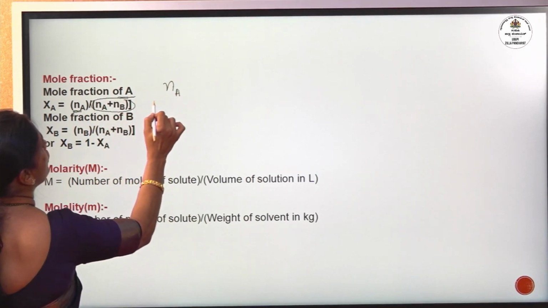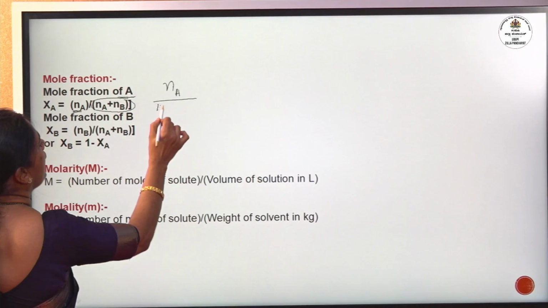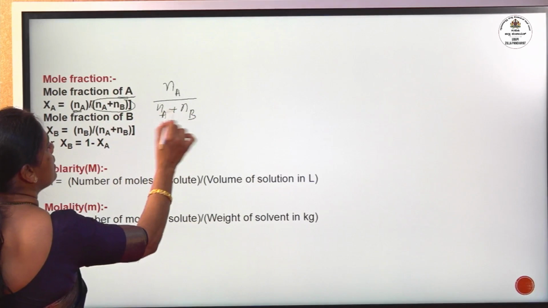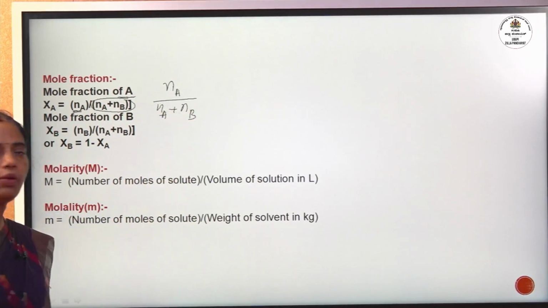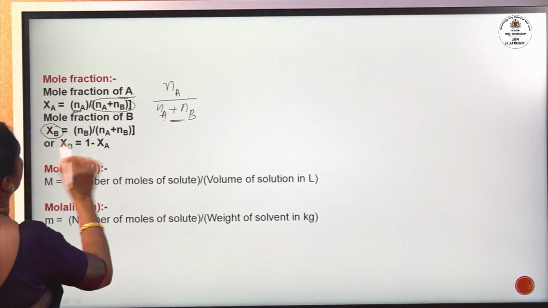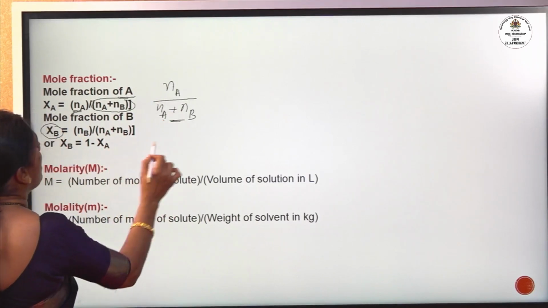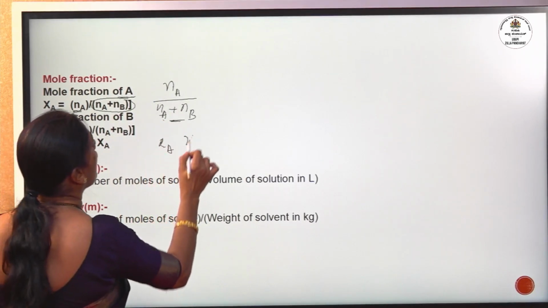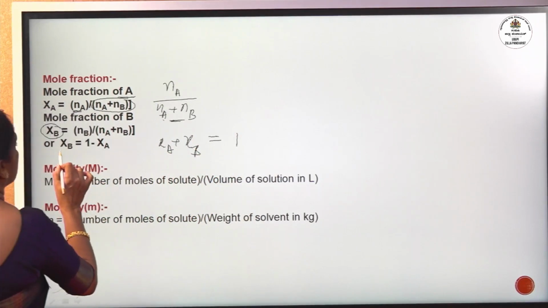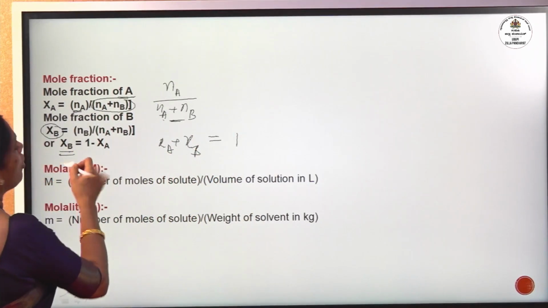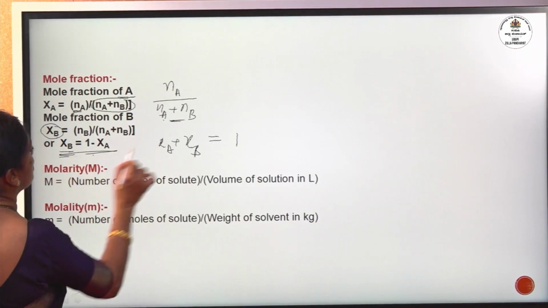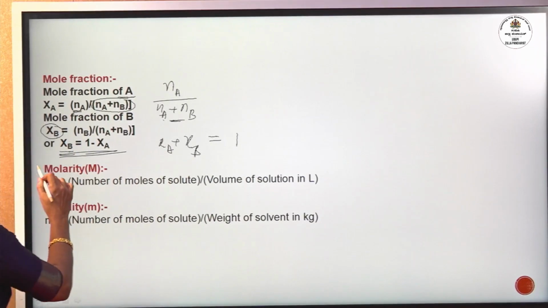If the solution has 2 components, in the denominator we have the sum of the moles of the 2 components. Similarly, mole fraction of B is NB by NA plus NB, and mole fraction of A and B together equal 1, and by this equation the mole fraction of an unknown component can be found out.